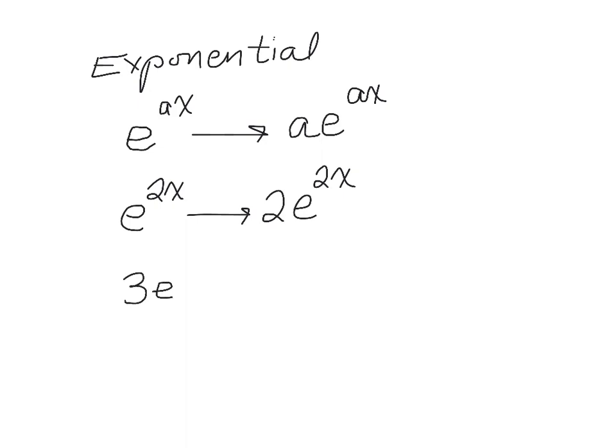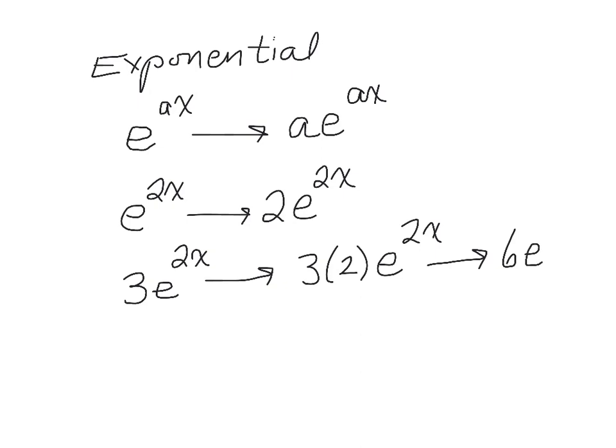But what if we had a coefficient already in front, just like we did with the power rule, right? We would multiply those together. To simplify, it would be 6e to the 2x.